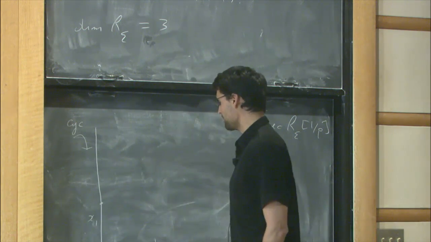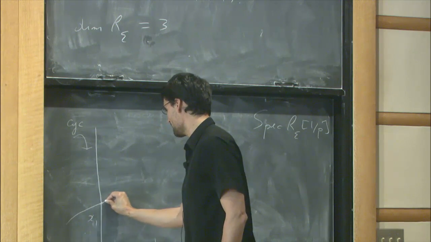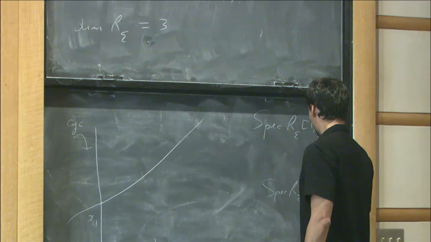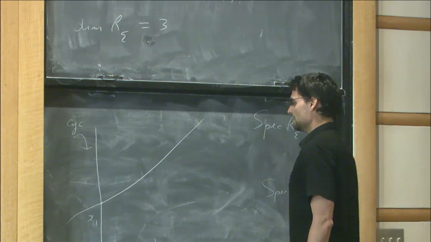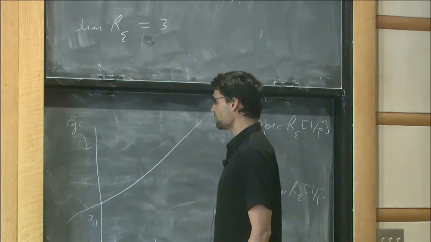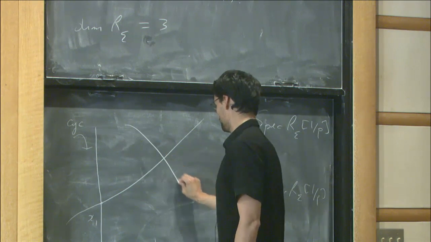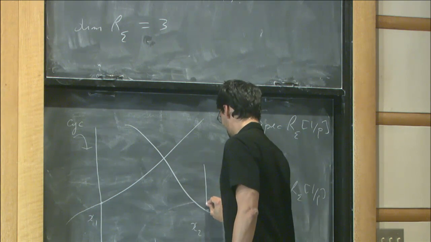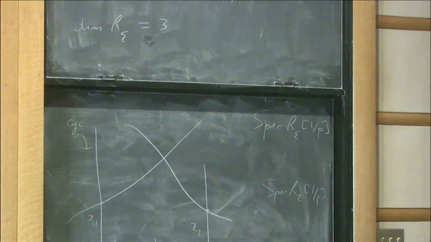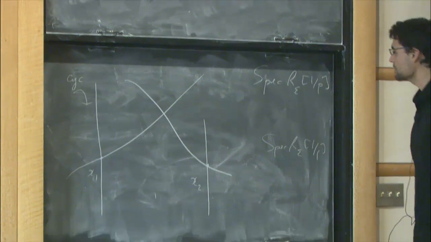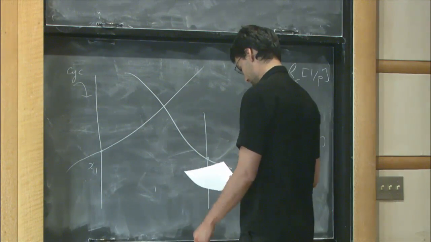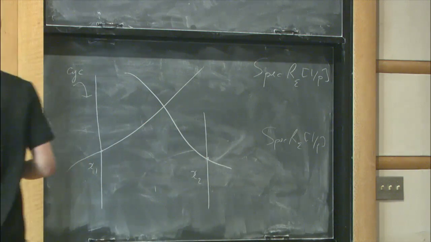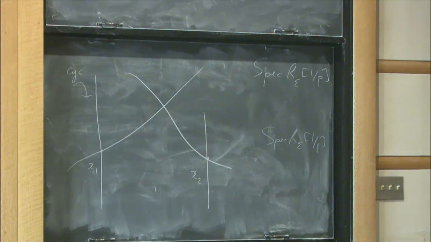So now there's just one dimension more, and in that case, the spectrum of this ring with P inverted is the union of two irreducible components, which cross at some point of characteristic 0, and both of which are smooth. And the points x1 and x2 correspond to the two elliptic curves E1 and E2.